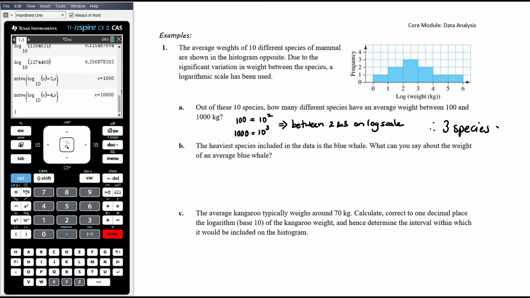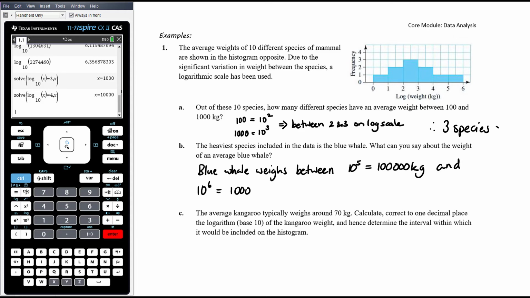And so the blue whale weighs between, so it's between 5 and 6, which means its actual weight is between 10 to the power of 5, which is 100,000 kilograms, and 10 to the power of 6, which is 1 million kilograms. Okay, so we have the interval within which we know the blue whale sits.